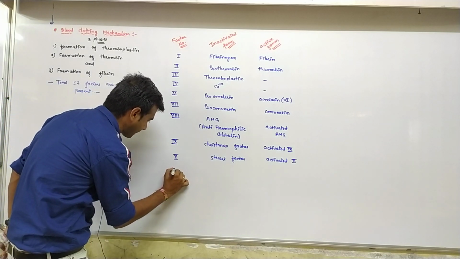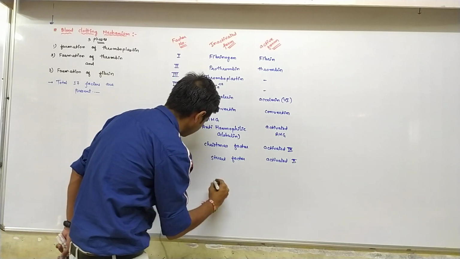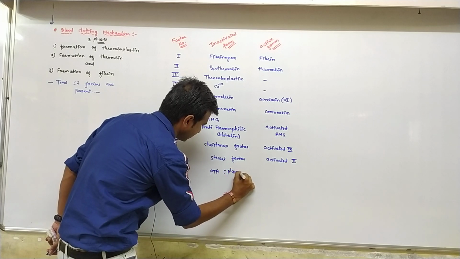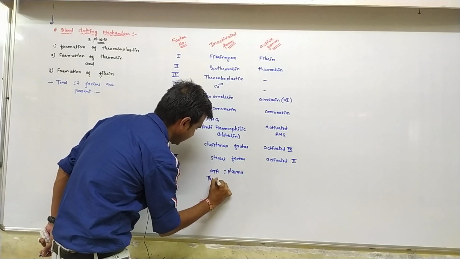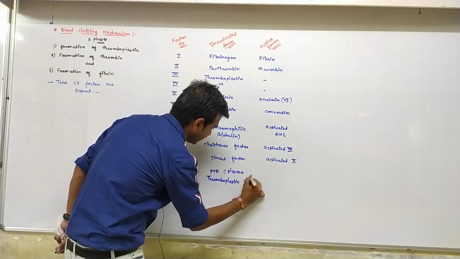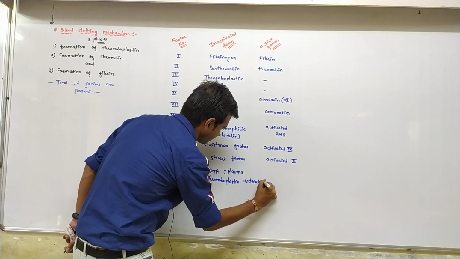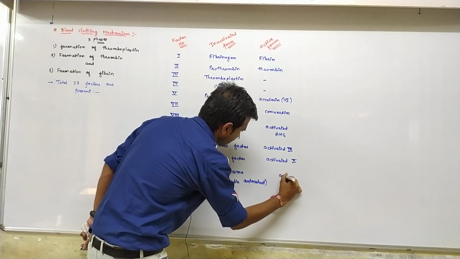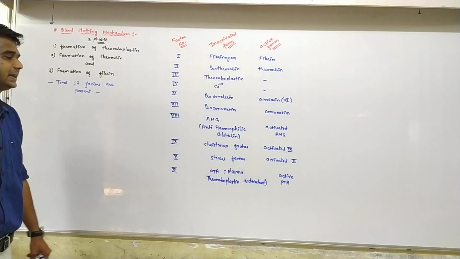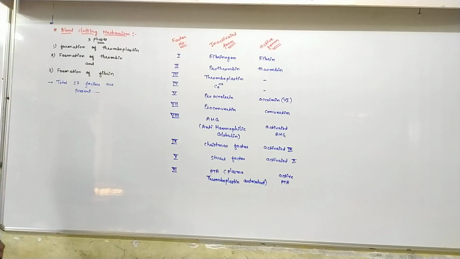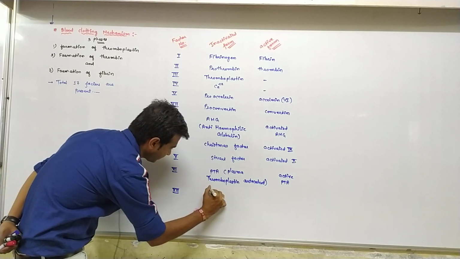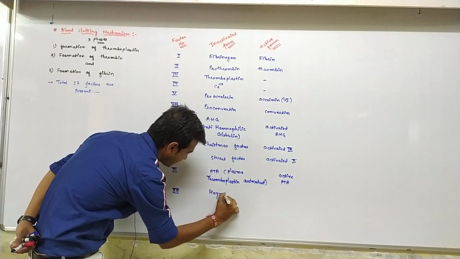Eleventh factor, PTA, plasma thromboplastin antecedent. Active PTA is the activated form of the 11th factor. 12th factor, Hageman factor.